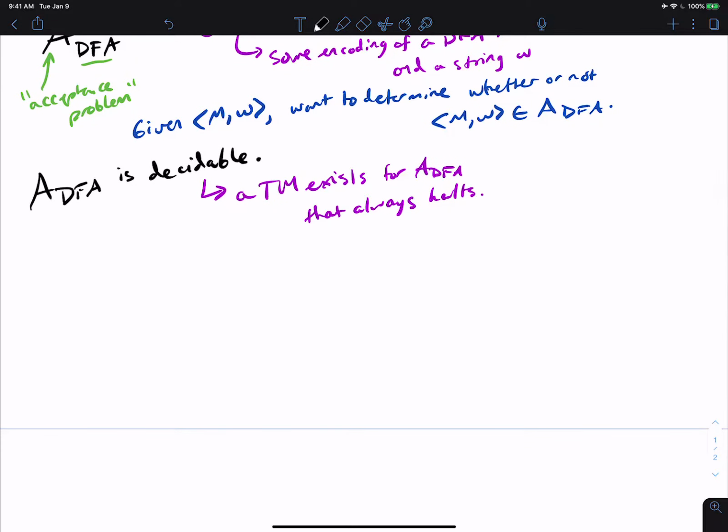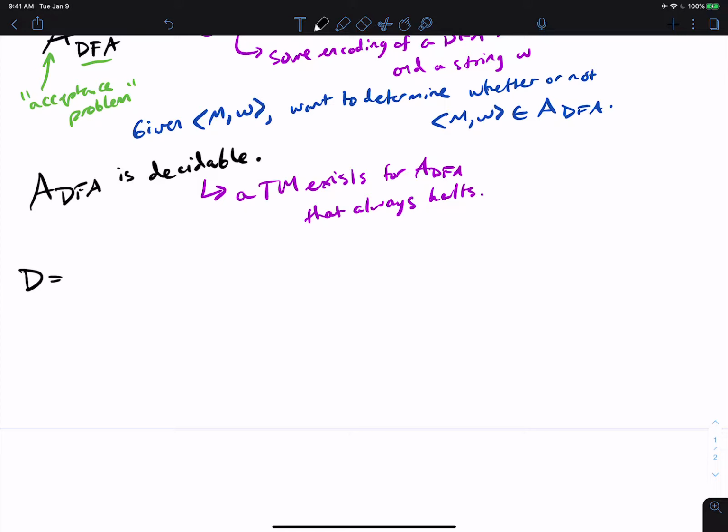Here's how we're going to do that. If you're a computer and you wanted to simulate a DFA on an input, what would you do? You would just run the machine on the input and see what happens. Because if you have n characters in the string, you will just execute n transitions and then observe the state that you're in.